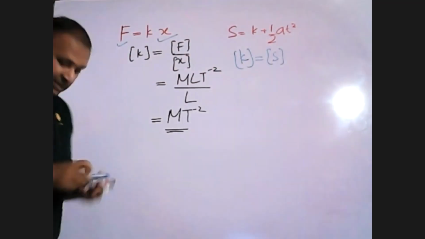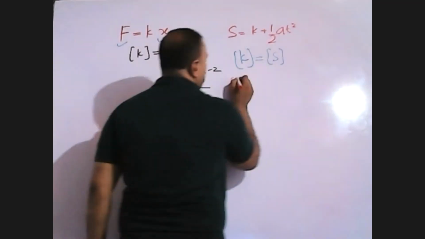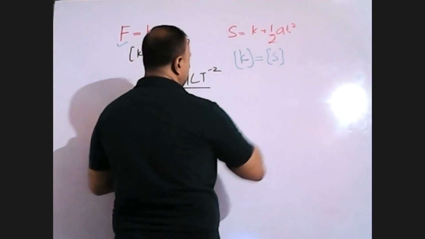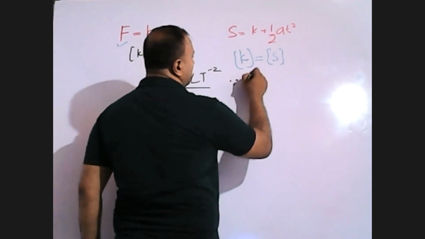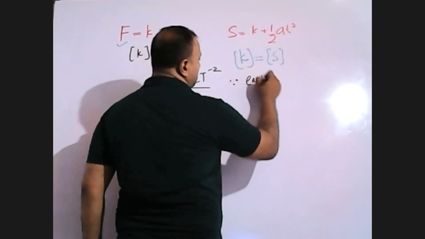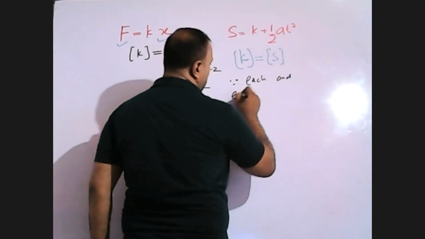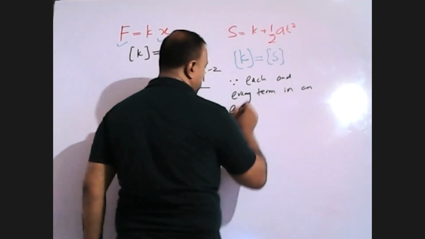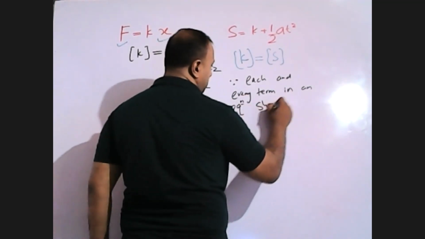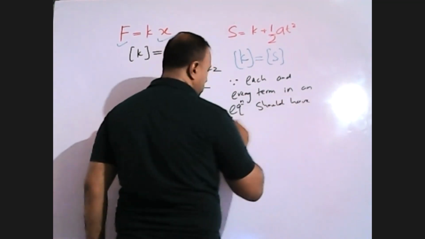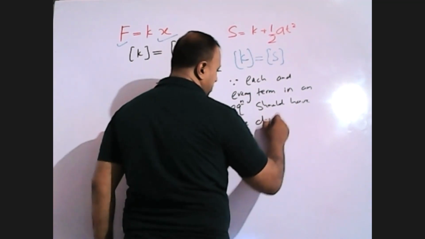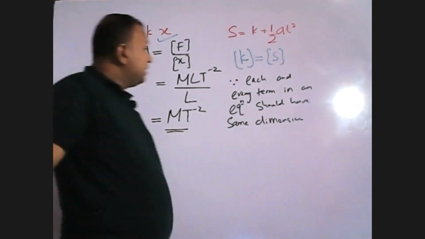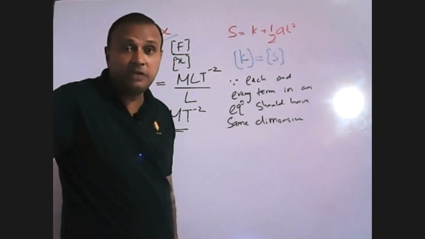What is the reason? Because each and every term in an equation should have the same dimension.